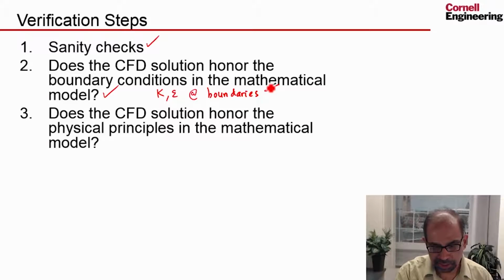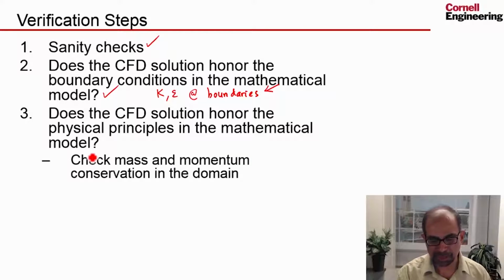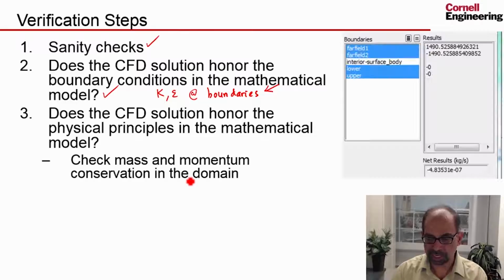And then the other thing to check is, does the CFD solution honor the physical principles in the mathematical model? And the physical principles are mass and momentum conservation in the domain. Mass conservation is straightforward, as we've seen in the pipe flow example.